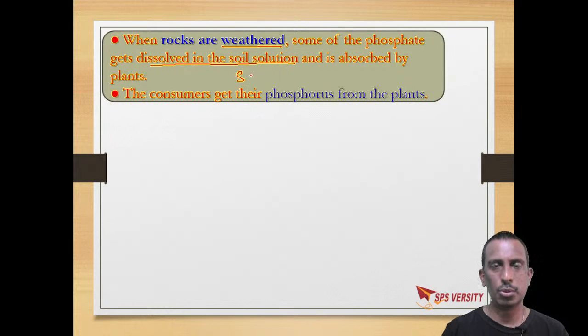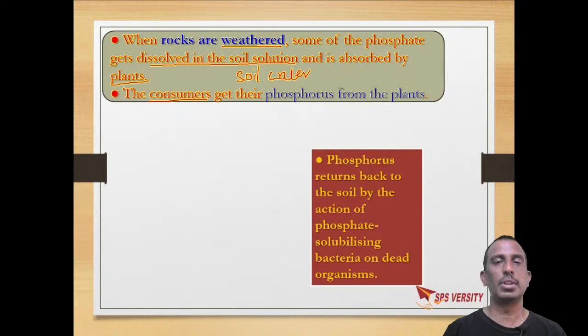Here, soil solution means the water present in the soil. From the soil solution, this phosphate is absorbed by plants. From plants, the phosphate reaches the consumers.